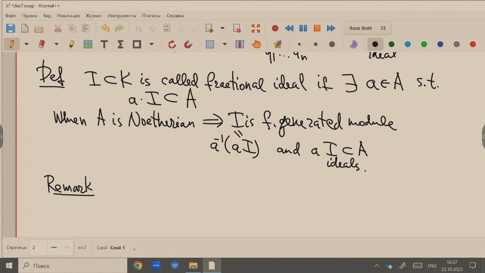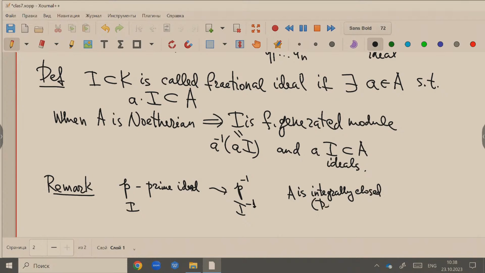Yeah, so when we started Dedekind invariance, we have considered a prime ideal P, or generally we have considered I. We can pass to P inverse or I inverse, and when A was integrally closed, we thought of Dedekind domains here.